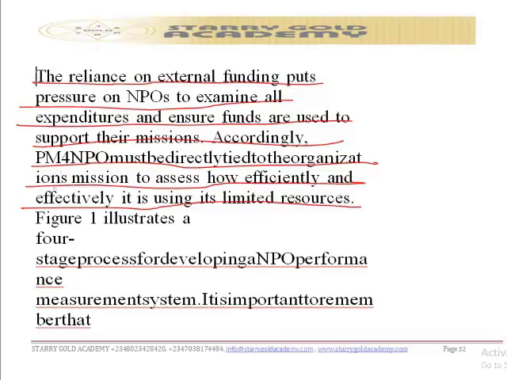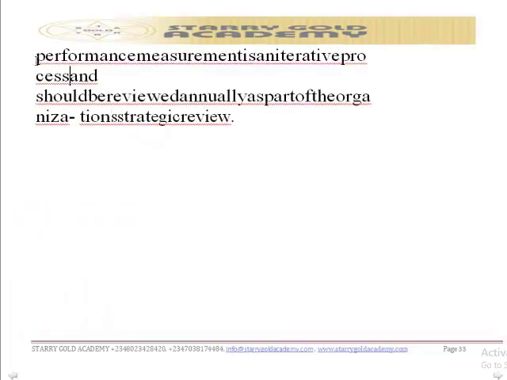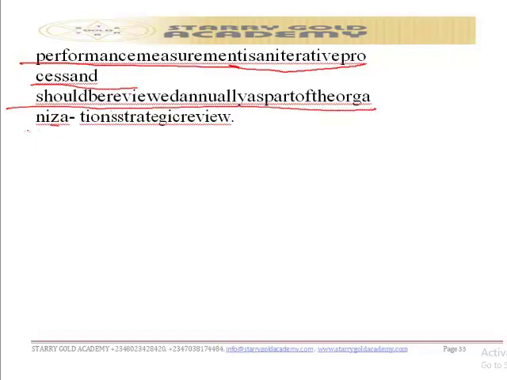So the next image that we are going to see, figure 1, illustrates a 4-stage process for developing a non-profit organization performance measurement system. It is important to remember that performance measurement is an interactive process and should be reviewed annually as part of the organization's strategic review.